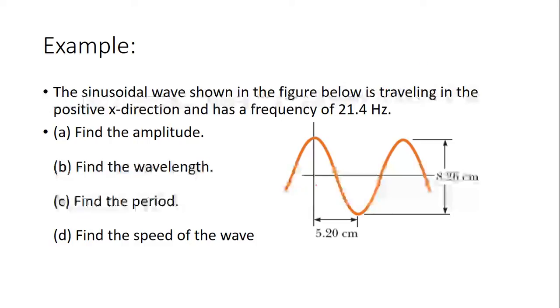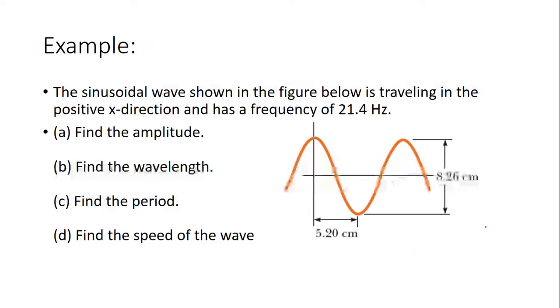Now we know that the amplitude is the distance from equilibrium position to the crest or trough. And over here, the number given is 8.26, the distance from crest to trough. So we would want to divide this number in order to get the distance from equilibrium position to the crest or trough.